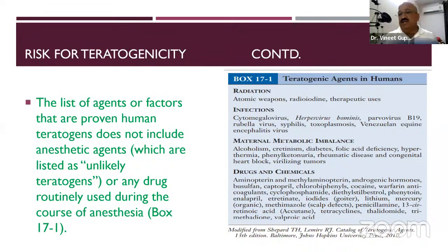Once you know that none of your drugs is actually a teratogen, you will feel comfortable, you will be convincing with your act, your drugs, your process, your machinery, and you will convince your patient: madam, don't worry. We are using very safe drugs and it's not going to affect you adversely.